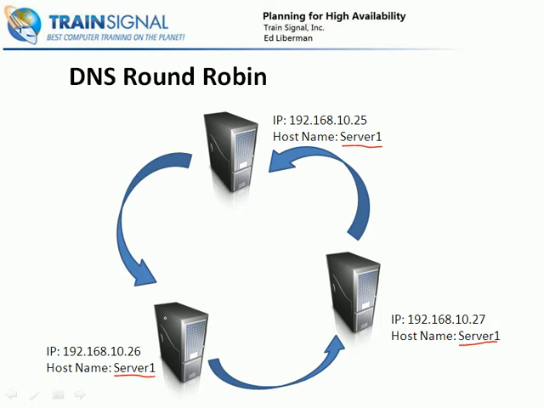Well, what it means is when a request comes in, that first request may be sent to this guy right here, and then the second request that comes in would be sent to this guy right here. And then the third request that comes in would be sent to this guy right here. And then the fourth request, well, that's going to go back to this guy right here. Okay, and that's what we mean by round robin. Each server will take its turn serving the client's needs.